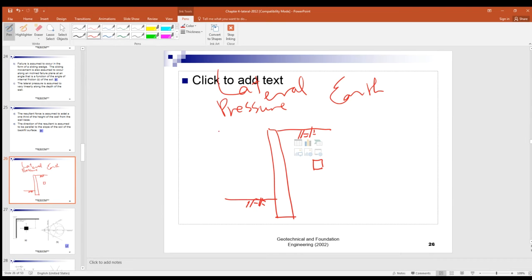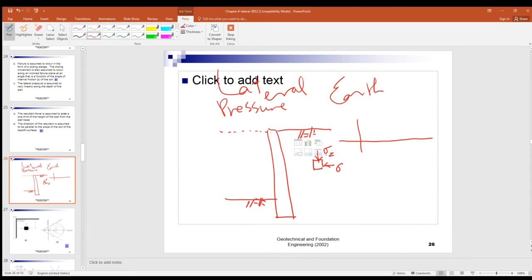Before the excavation, in other words, before we remove the soil in front of the retaining wall, what's the initial stress? You got the what? The sigma Z, right? The vertical stress and also the horizontal stress.